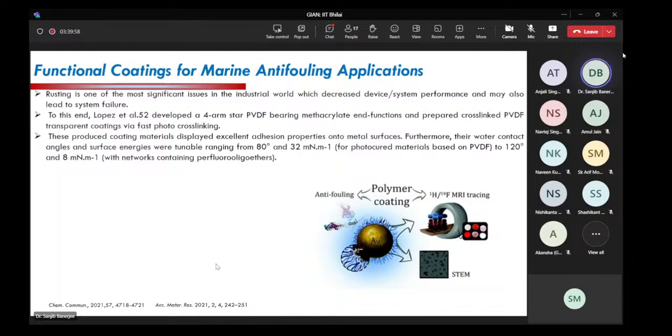Before understanding anti-fouling, let's understand what is fouling. Fouling is formation of biofilm on a surface. Why does this biofilm form? Because when you keep any material in an outside environment, not protected, there are small protein molecules or small molecules which will grow on the surface, right? And these are some kind of fungus, or some kind of bacteria or whatever.